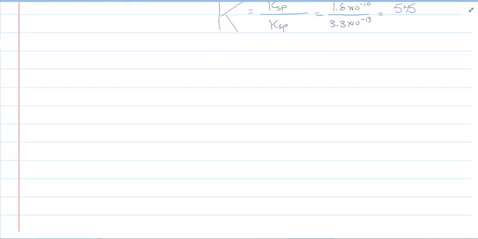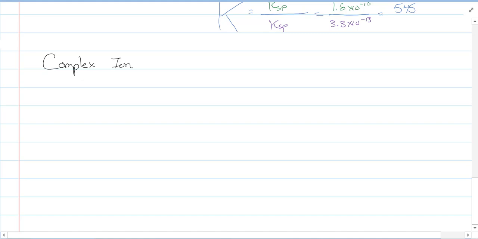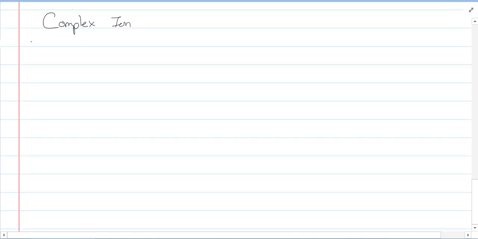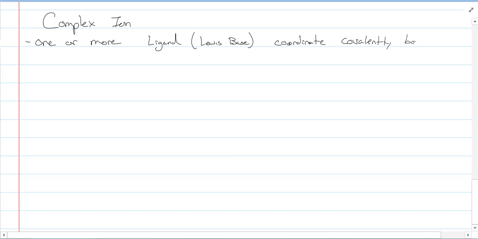Last topic is a complex ion. Complex ion, where there is one or more what we call a ligand, which is a Lewis base, coordinate covalently bonded to a metal ion, which is a Lewis acid.